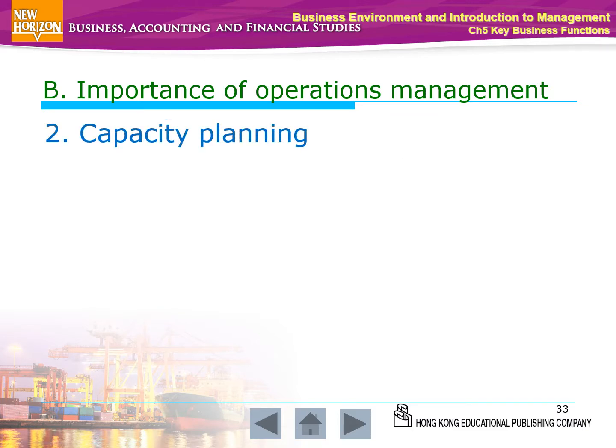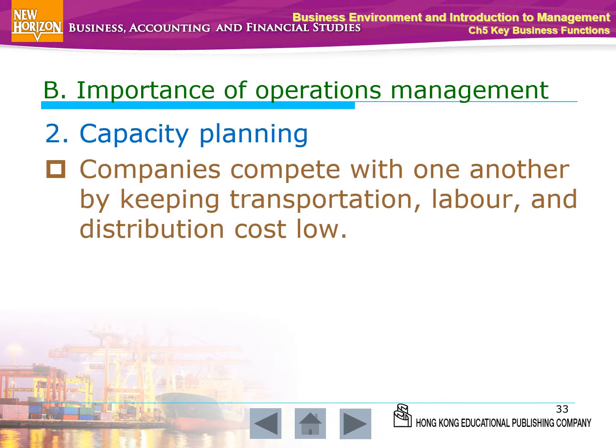Go on, capacity planning. Companies compete with one another by keeping transportation, labor, and distribution costs low. You have mentioned that another task for operations manager is to keep the product cost to a minimum level. Because if you cannot buy materials or employ labor at lower cost, you cannot have a good profit.